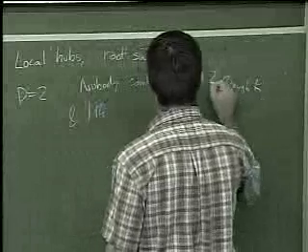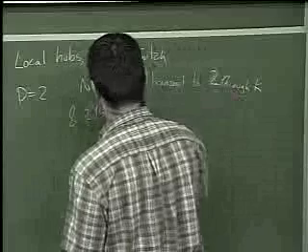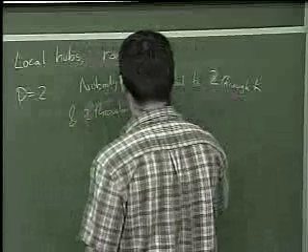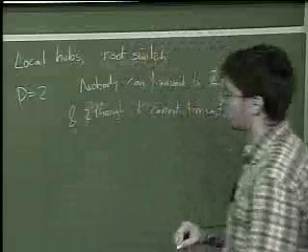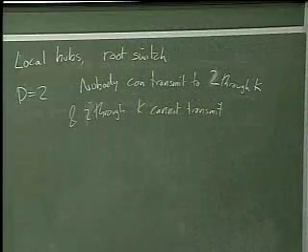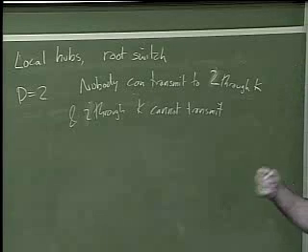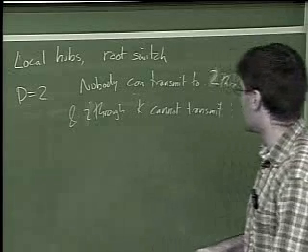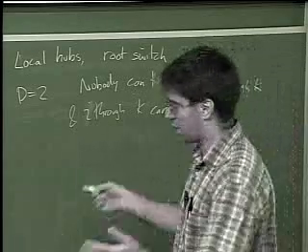Nobody else can transmit to 2 through K, and 2 through K cannot transmit. Otherwise, if 2 through K transmit, it gets broadcast locally. It'll kill 1's transmission. If anybody else transmits to 2 through K, it'll get broadcast in 2's local hub, 1's local hub, K's local hub, killing it.